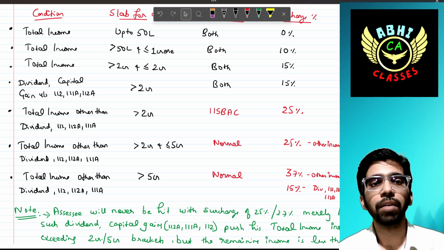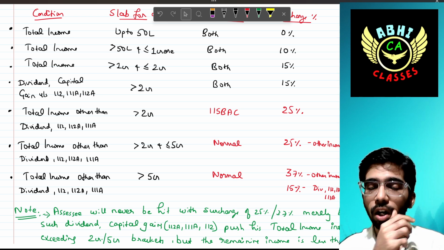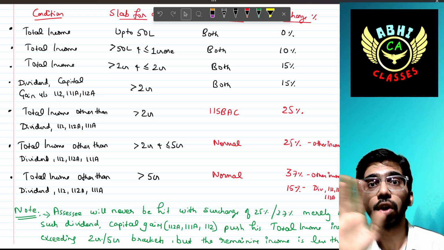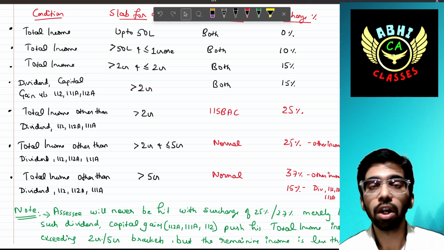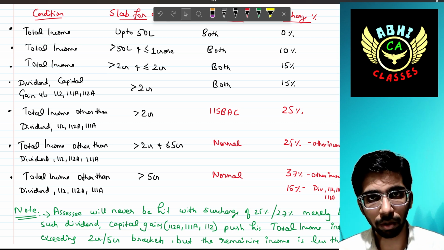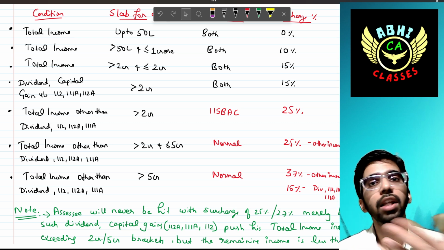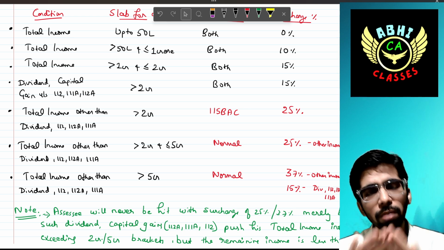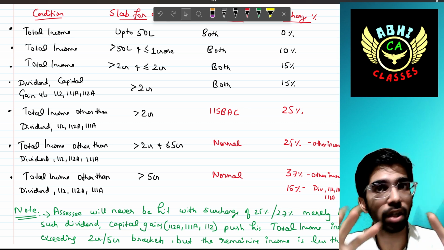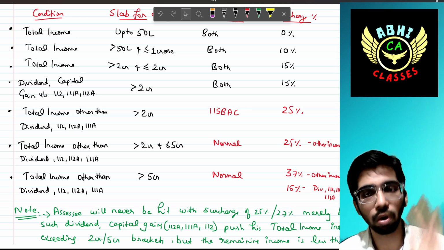Okay. Next, total income other than special income, if you are opting for the new tax regime, that is 115BAC, more than 2 crore, the surcharge is 25%. And if you are simultaneously having special income, then 15%. 15% is the maximum surcharge for special income if your income is more than 2 crore.